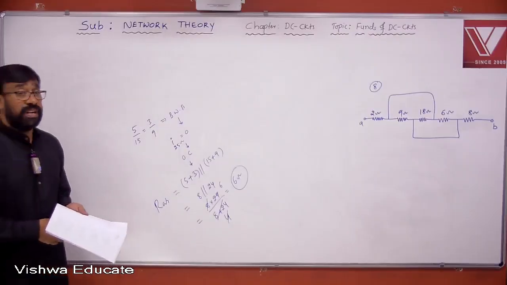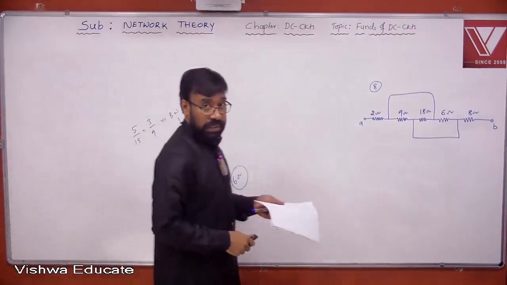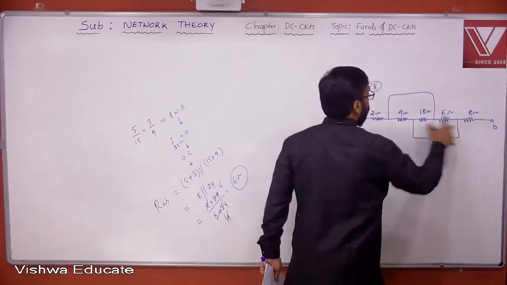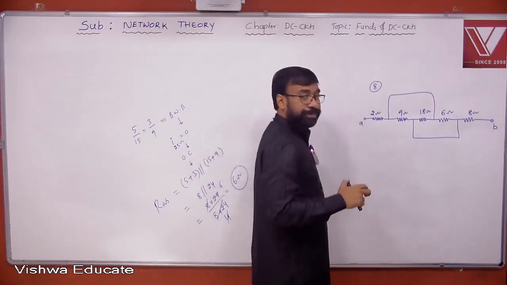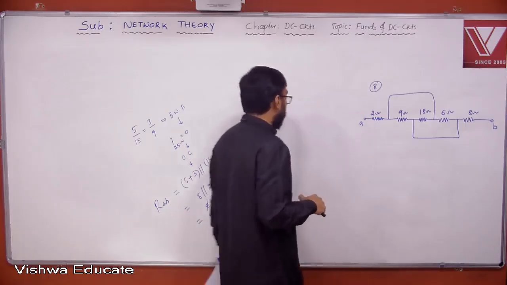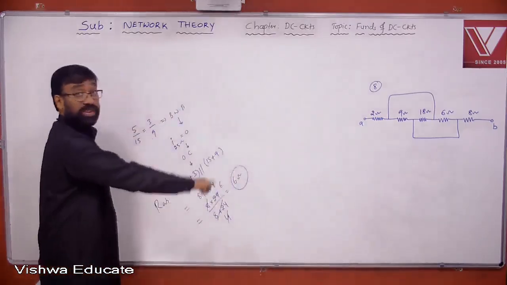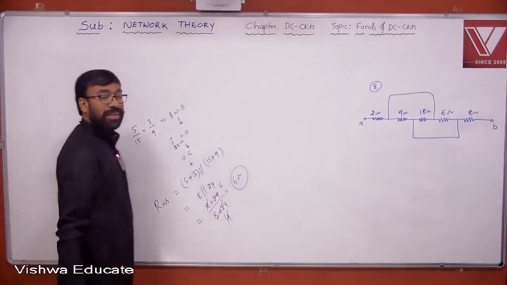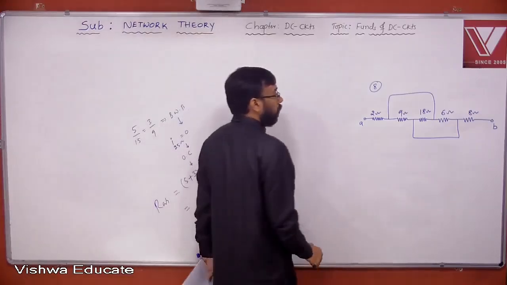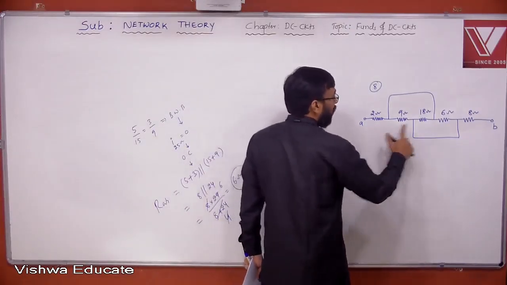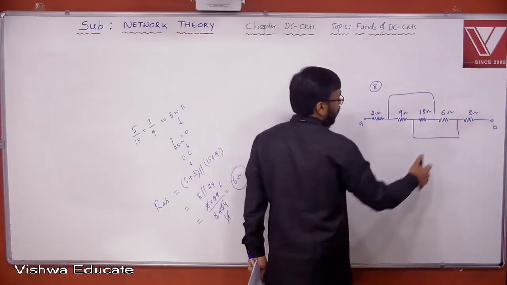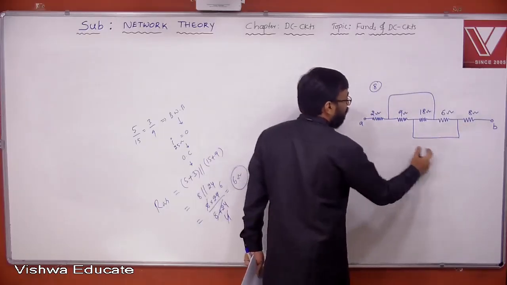First, you need to identify that with respect to AB terminals, how the entire network is connected and how the elements are connected. I think all of it done with this, right? So please note the other circuit. Look at this network, how the elements are connected. 2 and 8, I can confidently say that they are in series. If I keep this entire part in a box.